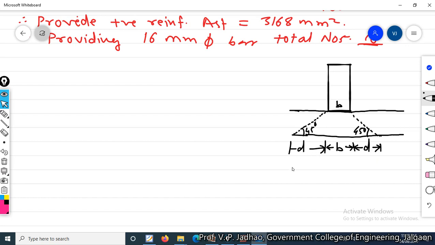So these bottom reinforcements are provided in this particular region.